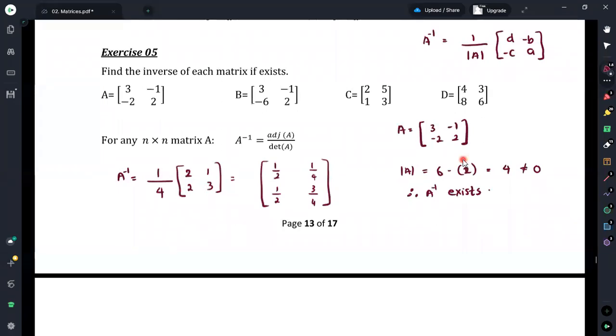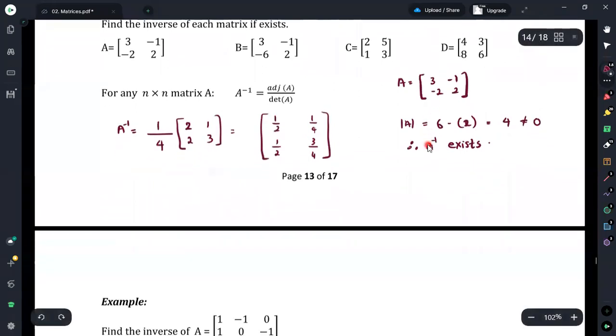But if I take the last example given here, matrix D is given as 4, 3, 8, and 6. Therefore, what we need to do is to obtain the D inverse.